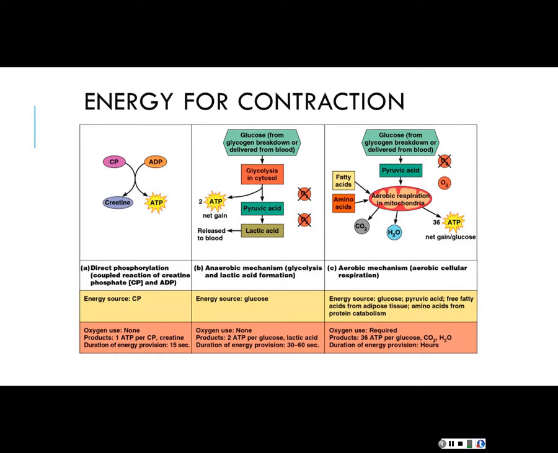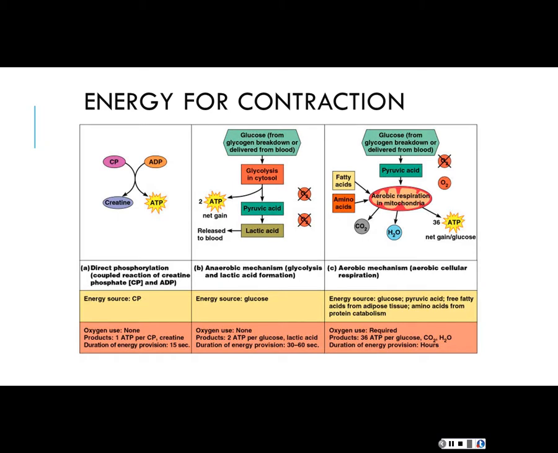The Krebs cycle intermediate step, but then the big one, the ATP producing one, is the electron transport chain. You can collectively just call it aerobic respiration, oxidative phosphorylation. It produced for us another high 20s, low 30s ATP.